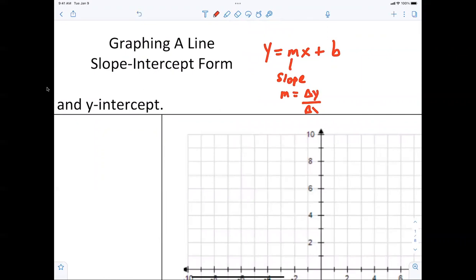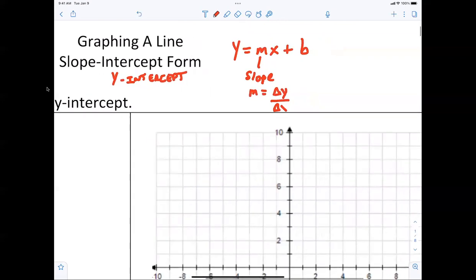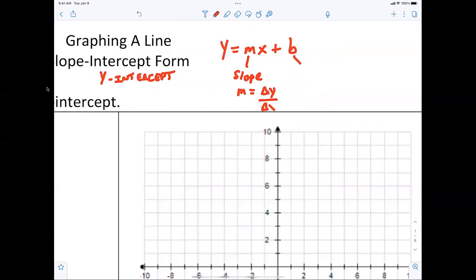All right, so the intercept they're talking about is the y-intercept. Now why do they like this format? They like this format because the number after the x is the y-intercept. And the y-intercept we're going to write as an ordered pair because that's what it is, (0, b).